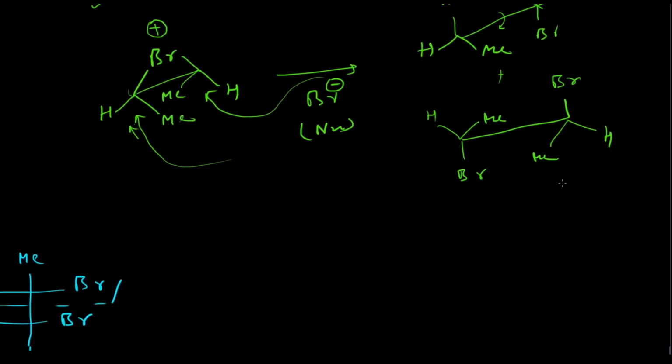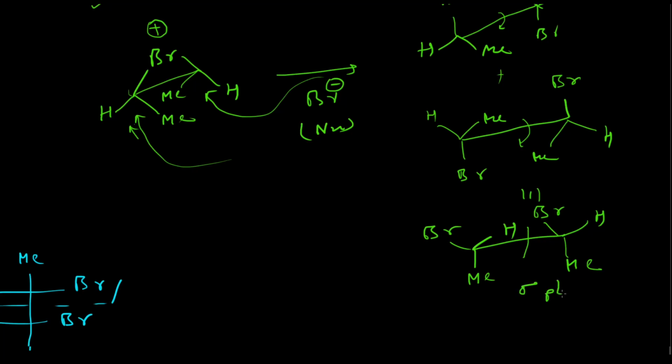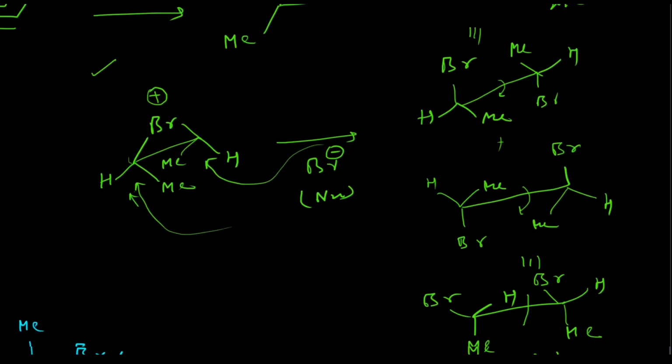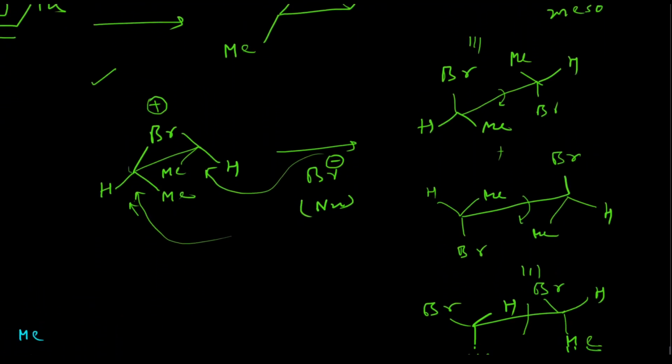In the same way, it is also the meso form, by rotation around this carbon-carbon single bond. Like this. So this also contains a sigma plane. So this is the overall mechanism of the bromination reaction.